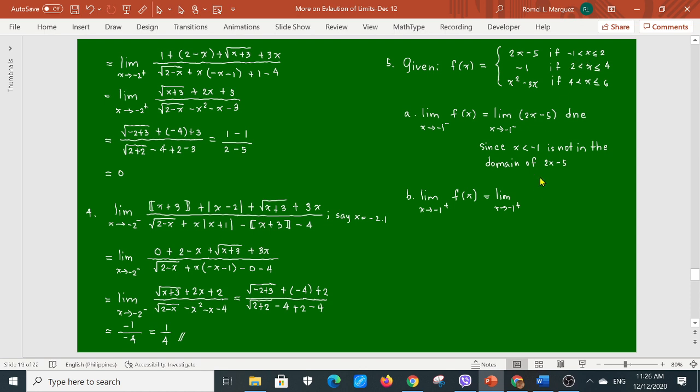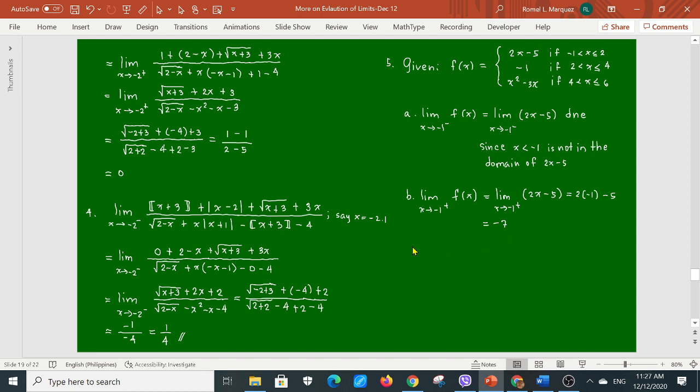It is to the right of negative 1. So we use this. So since this is in the domain, and it is a polynomial, which is a linear function, we can apply the direct substitution technique. 2 times negative 1 minus 5, and that is equal to, what's the answer, guys? Negative 7.